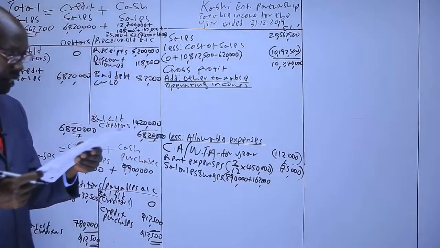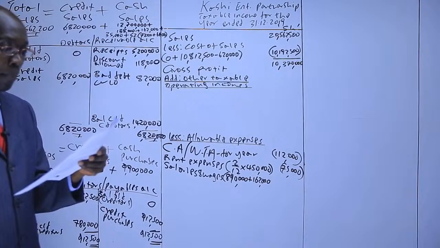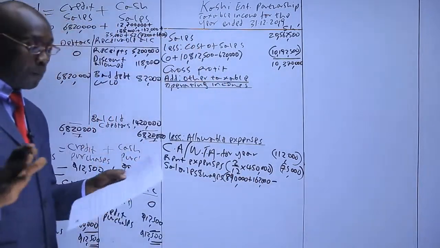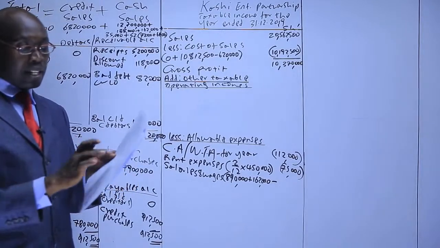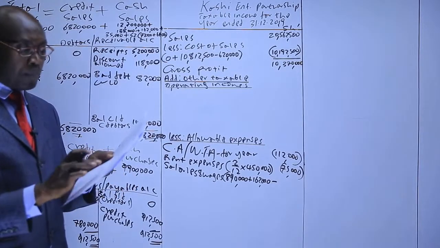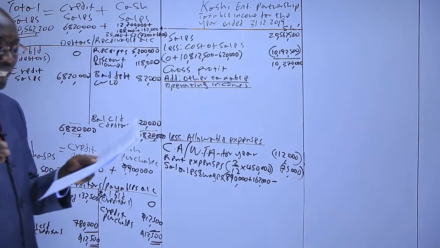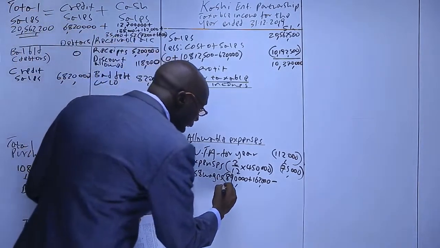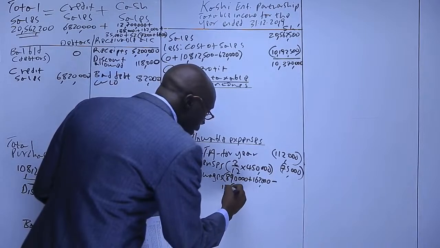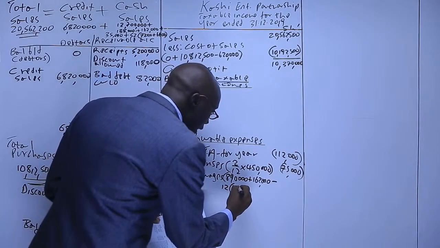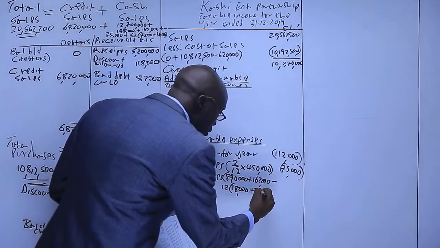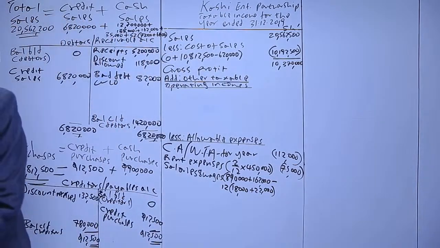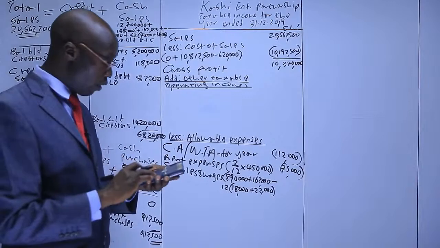And then number 7, it includes the one paid to the partners. So we have to remove it because we said anything to the partners we don't allow. To the partners was how much? In the first paragraph is where we were told the monthly salaries to the partners were 18,000 and 22,000. Monthly, underline monthly. So to get to the whole year, we have to take minus 12 times 18,000 plus 22,000. Since it is not mentioned somewhere else, we do the computation.